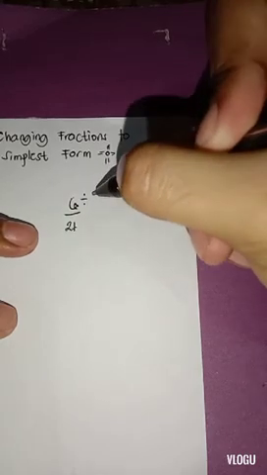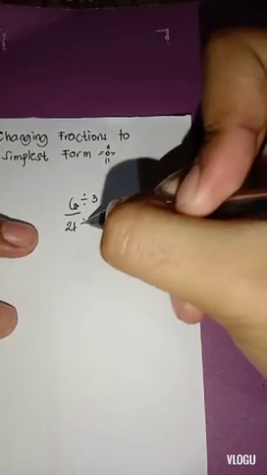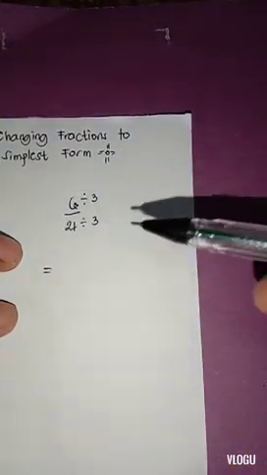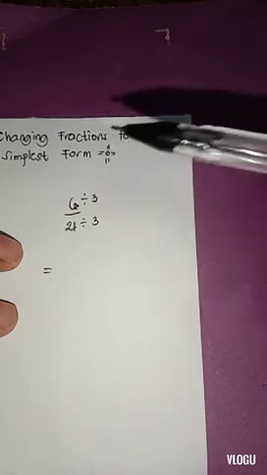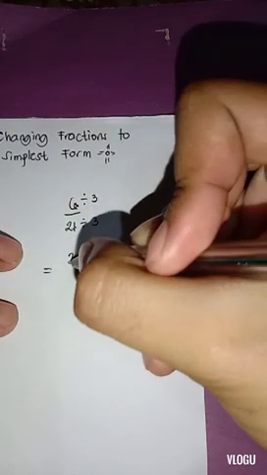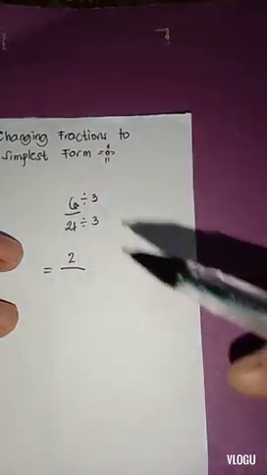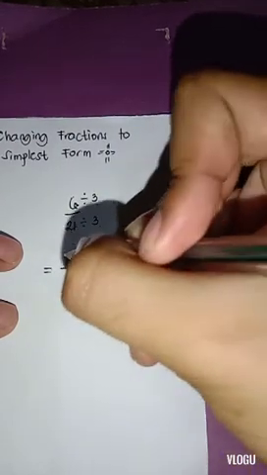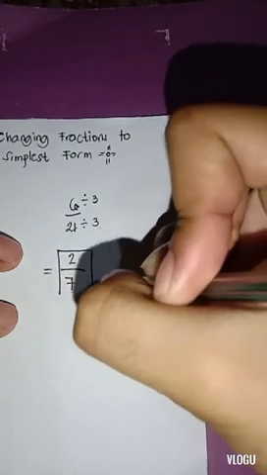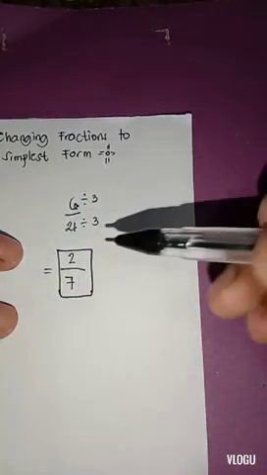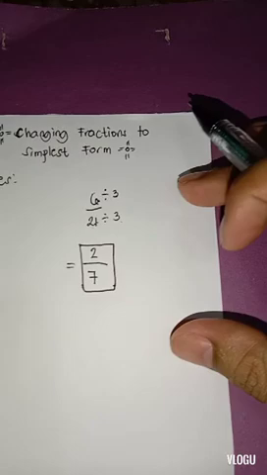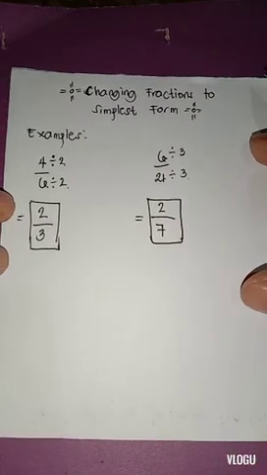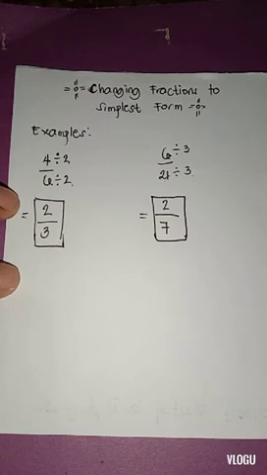So if we divide this by 3, therefore meron tayong sagot na 6 divided by 3, we have 2. And then 21 divided by 3, we have number 7. So the final answer here is 2 over 7. Ganyan lang kasimple mag-change ng fraction into its simplest form or lowest term na tinatawag natin.